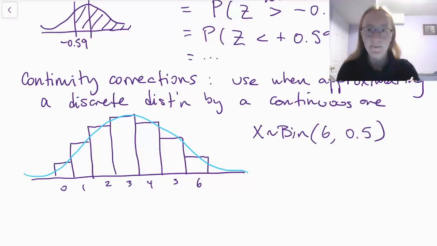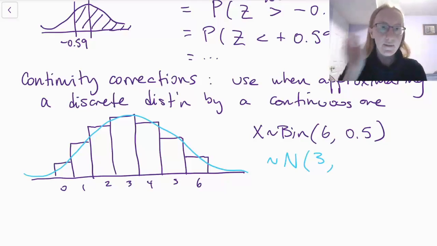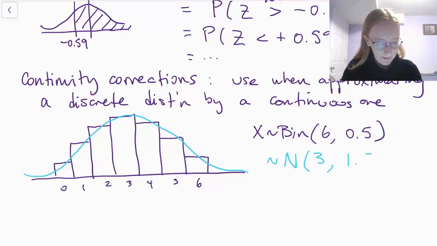So this is going to be approximately normal with mean, now we know the mean of the binomial is the product of the parameters, so 6 times 0.5, which is 3. And the variance would be 6 times 0.5 times 1 minus 0.5, so 6 times 0.5 times 0.5, which is 3 times 0.5, which is 1.5. So 1.5 is the variance. That's what our approximation is doing.